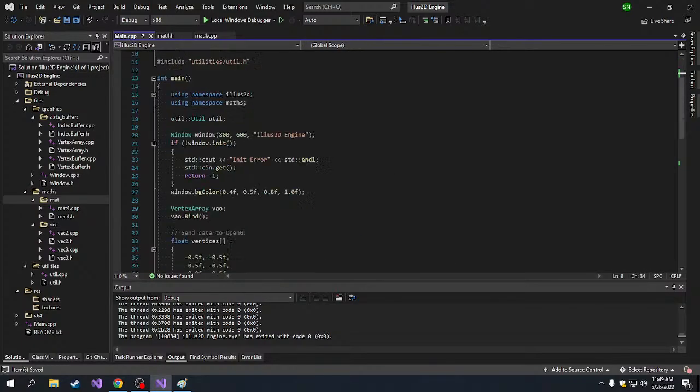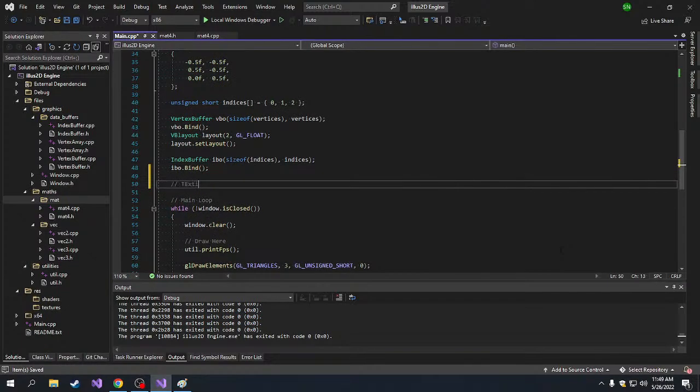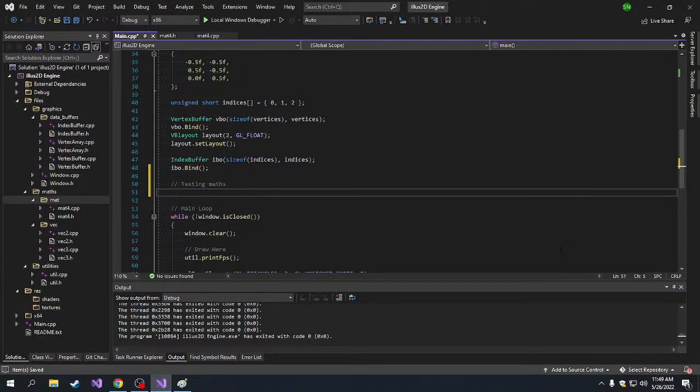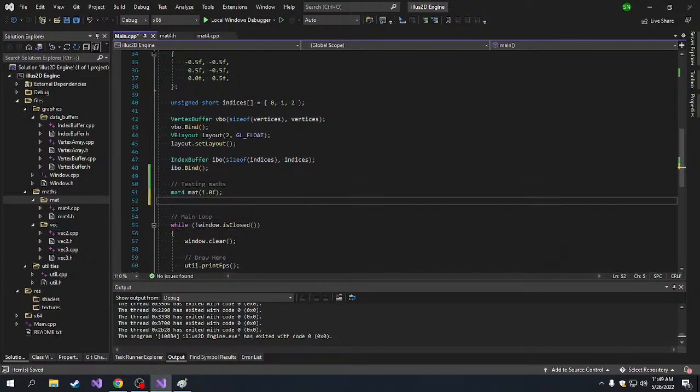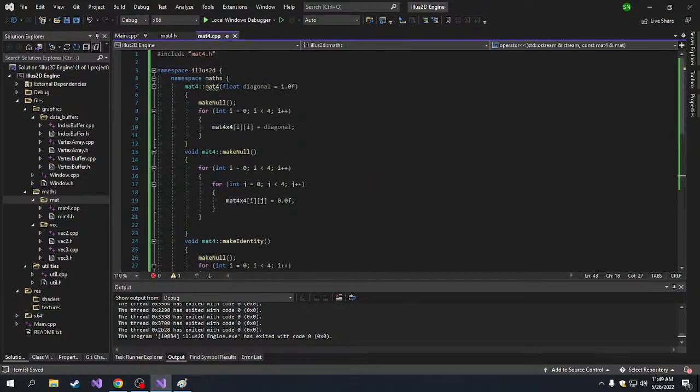I'll include iostream. So we have already included it. Testing mats. Okay, so let's make a new object of our mat class, mat4. I'll just pass in a constructor for the diagonal. 1f. Now let's just try printing to the console, and let's check it.